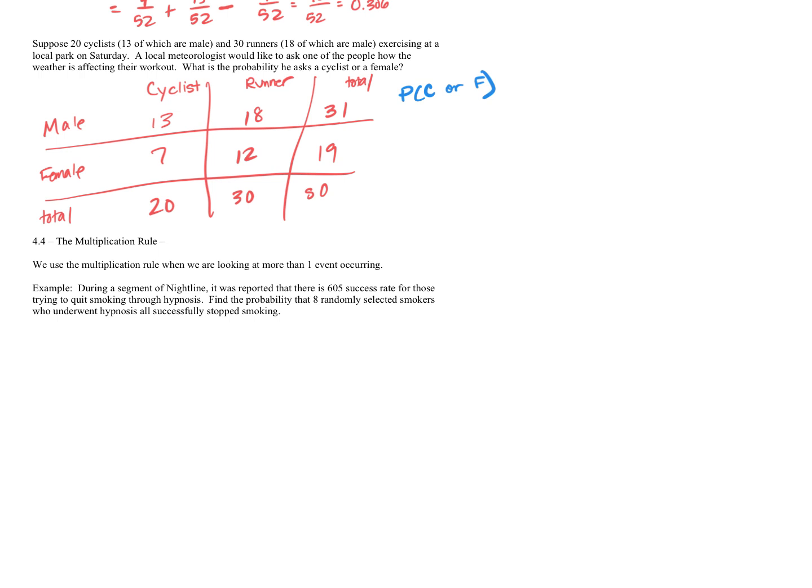So I'd probably look at this as, those are the three boxes that are cyclist or female, right? So I could look at that and do 13 plus 18 plus 7 over 50, if I'm following that formula.